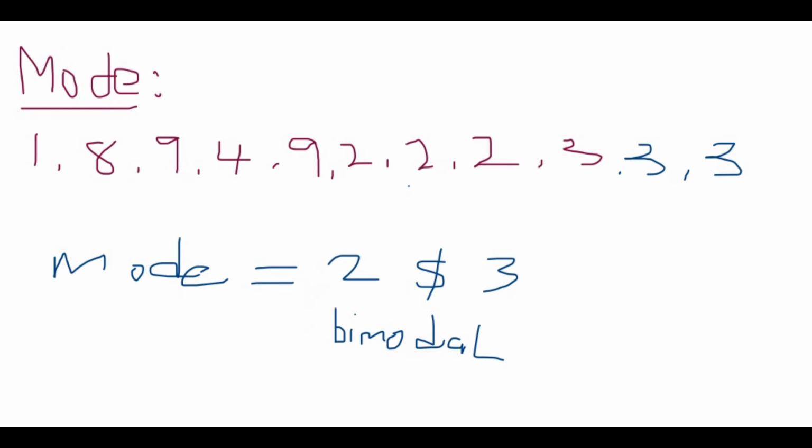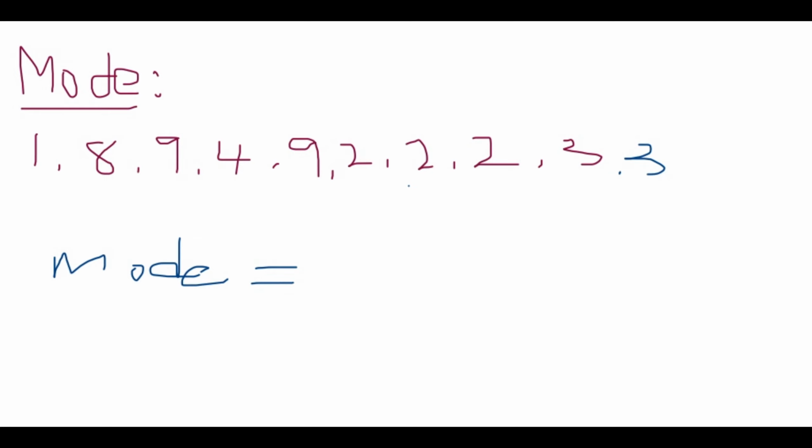Now another case study again. If for instance, let's say there is no most common number, that is, all the numbers are appearing once, for instance.